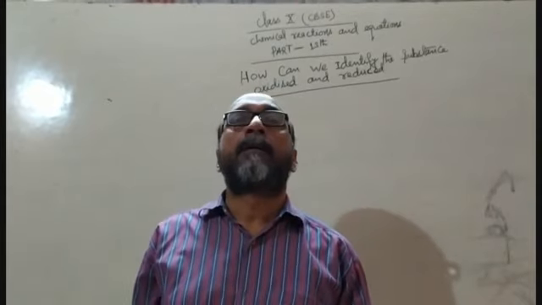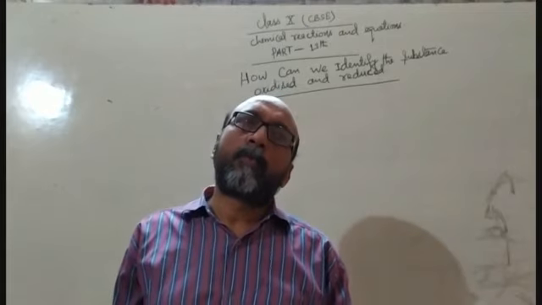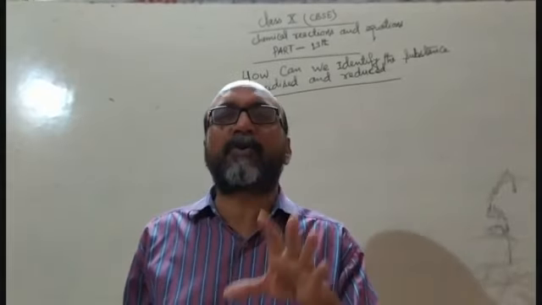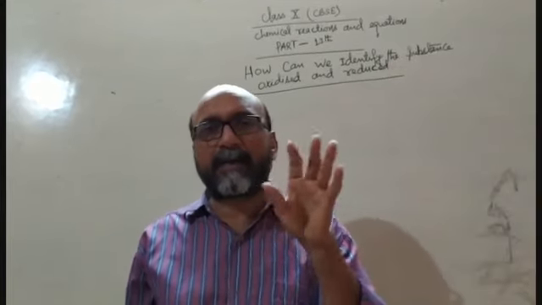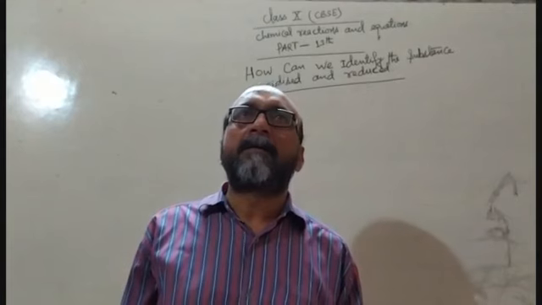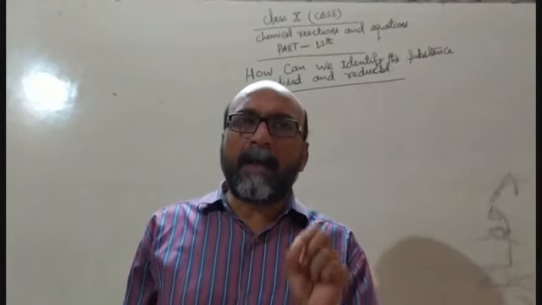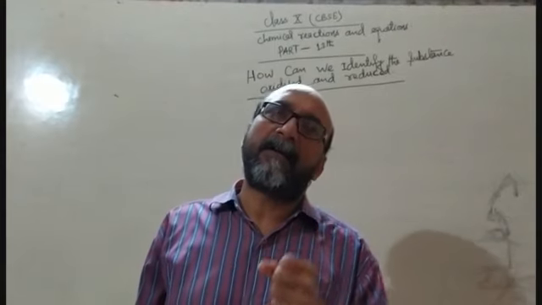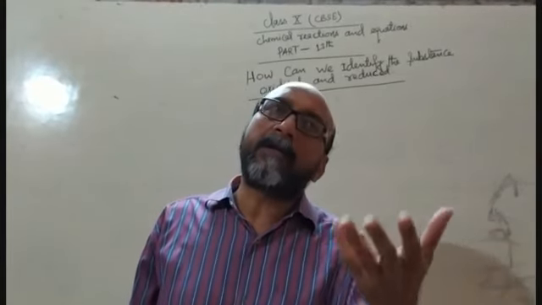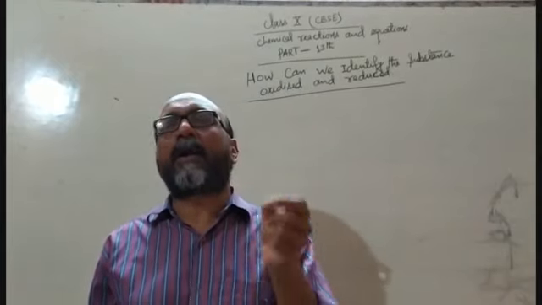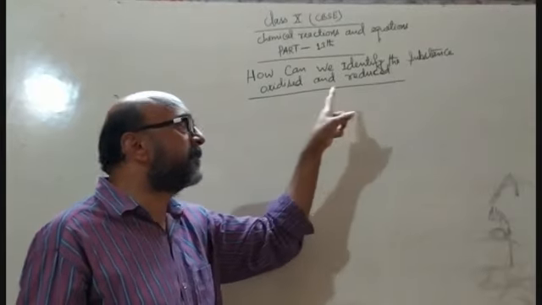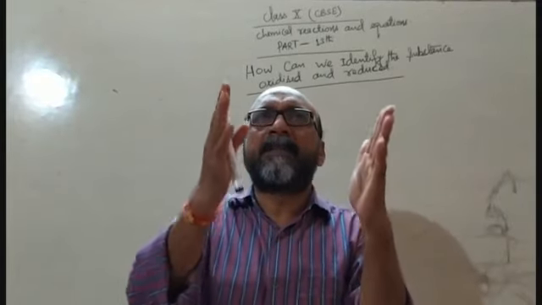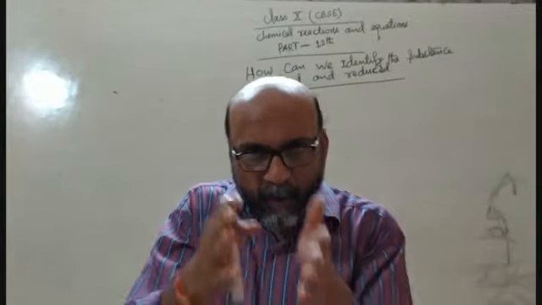But the last two parts of the definition, in which we use oxidation number and electronic concept to define oxidation and reduction, here I would like to use to make you easily understand how you can decide or identify the substance oxidized and reduced by making a comparative table between these two parts of a chemical reaction, oxidation and reduction.